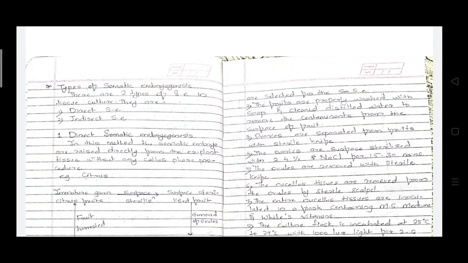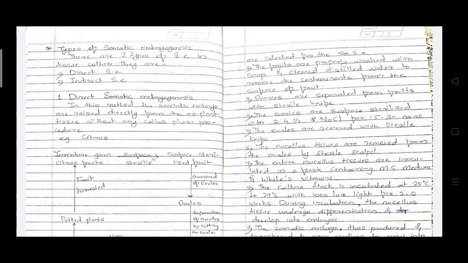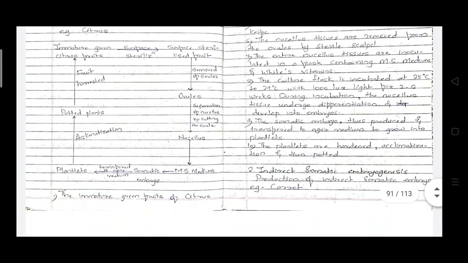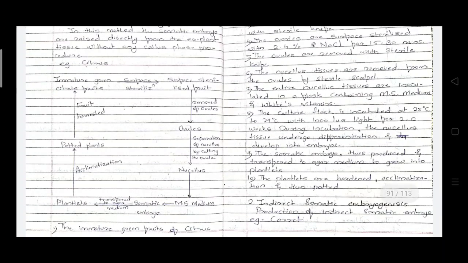In this method, the somatic embryos are raised directly from the explant tissue without any callus phase. For example, in citrus plants, you can see this in the flow diagram. We select the immature green citrus fruit, surface sterilize it with mercuric chloride, then remove the ovules.